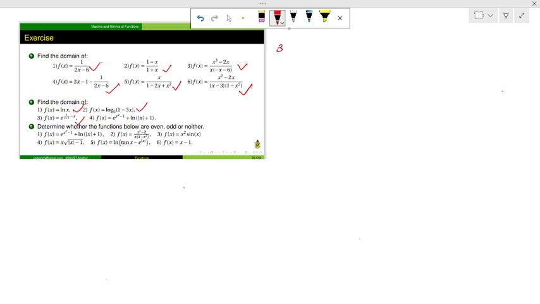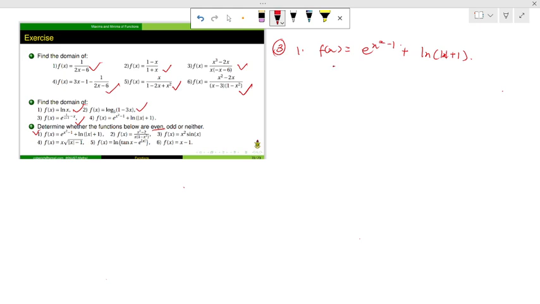Okay, so third. Determine whether the functions below are even, odd, or neither. Let's see the first one. f of x is equal to e to the power x squared minus 1, plus natural log of absolute value of x plus 1.